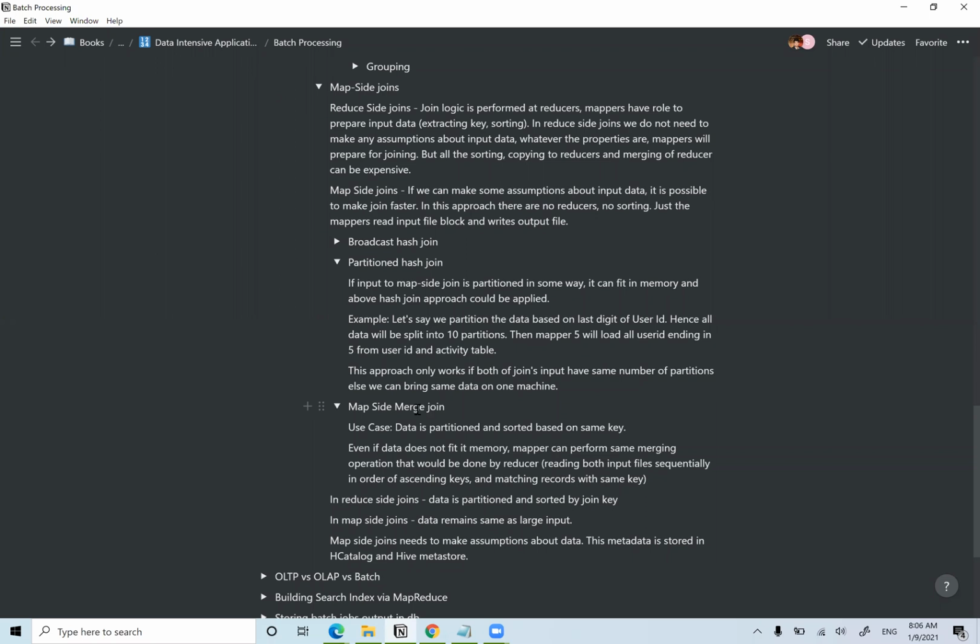So in this partition hash join, both the data sets are partitioned in a similar way.